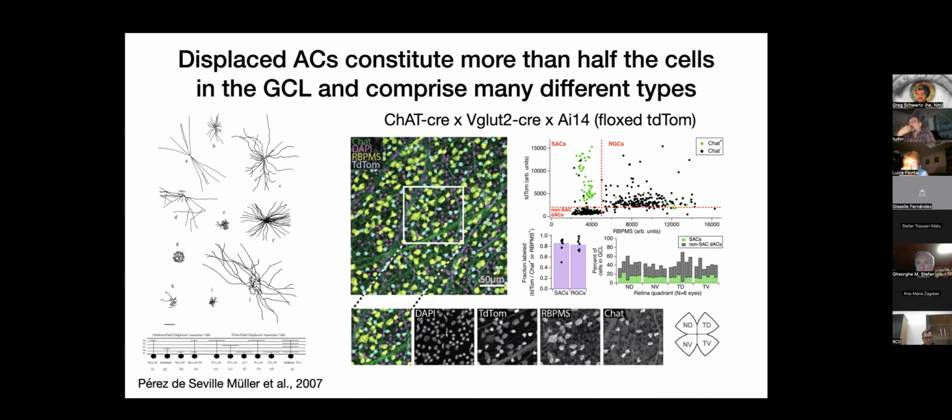So that's all we did. First we just quantified them. We did all the staining and careful quantification of the fluorescence, and we found that about 50% of the cells in the ganglion cell layer were not red. So about half the cells are displaced amacrine cells that are not starbursts. That was our starting point and our method of targeting them.